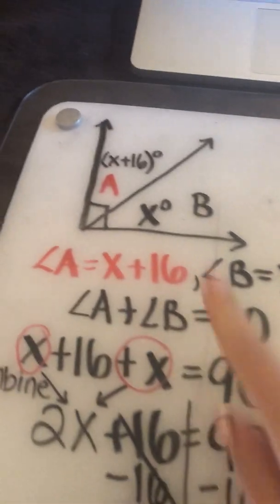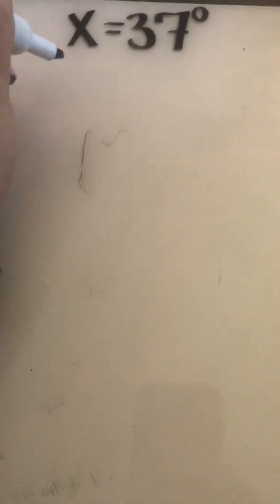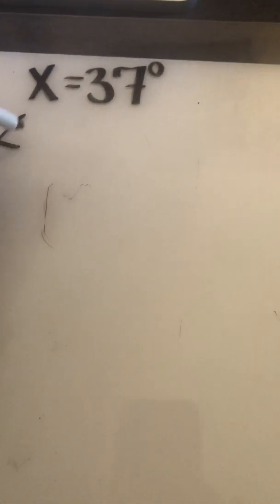But sometimes the question is going to ask you to go back and actually find those angle measures. So let's do that now. We know that x equals 37. If we were looking for angle A, we said earlier that angle A is x plus 16. So I'm going to write that here, x plus 16.